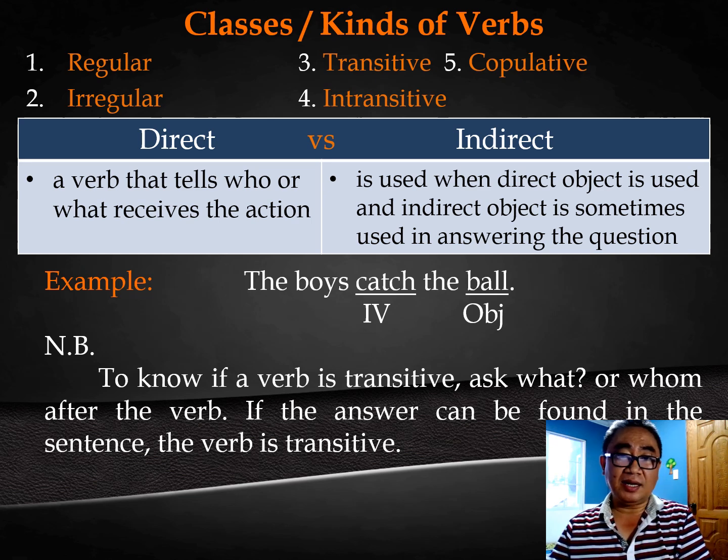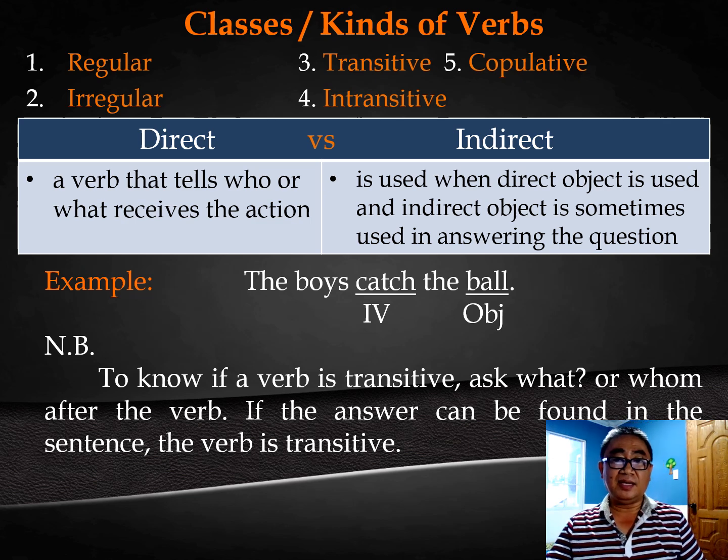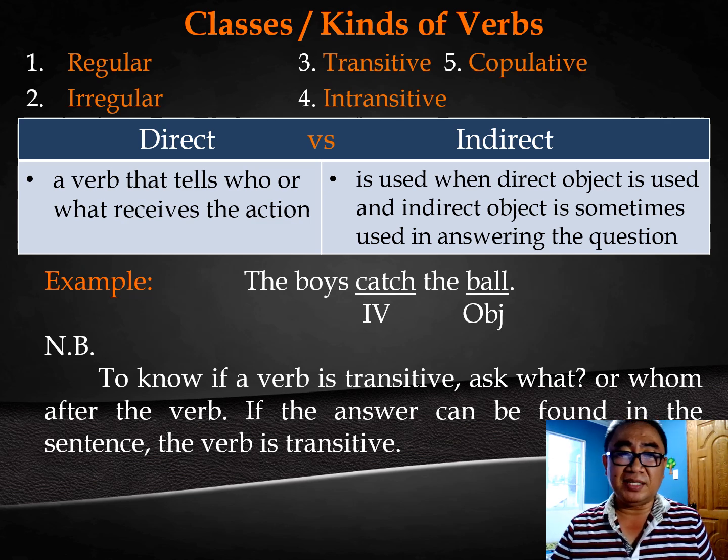You ask what after the verb, no? Catch what? Ball, catch the ball. So to know if a verb is transitive, you ask what or whom after the verb. If the answer can be found in the sentence, then the verb is transitive. So it requires an object to receive the action of the word.